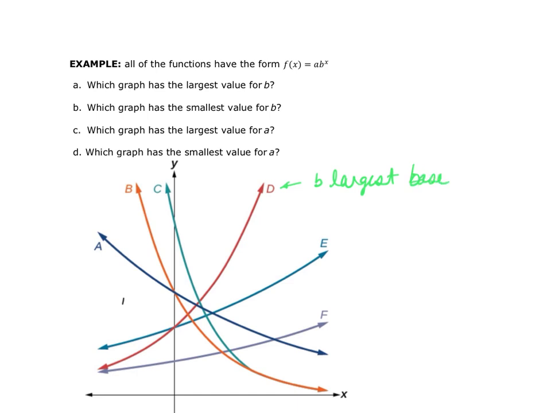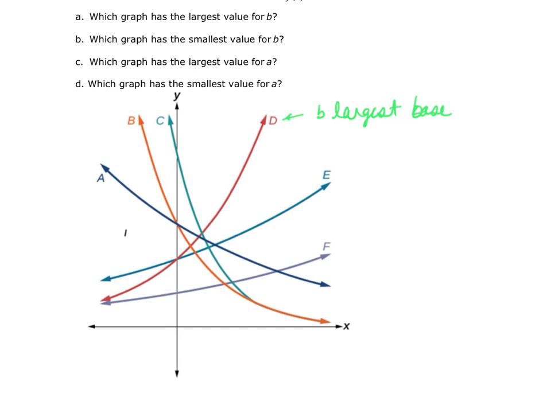And then I look to see which one of these is decreasing the quickest. If I look at C, it seems to be decreasing not too bad. But if I look at B, it's not quite decreasing at the same rate. C seems to be decreasing the quickest.